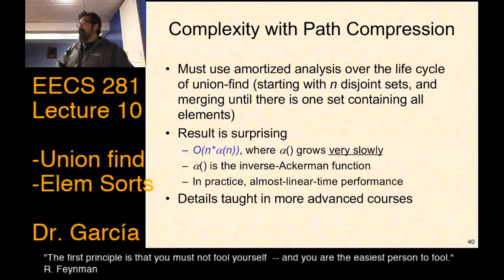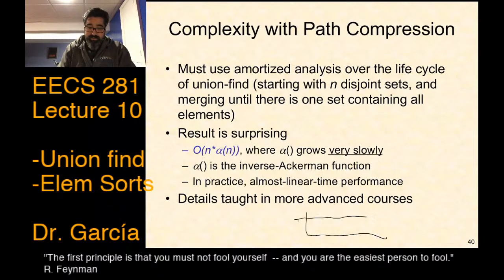Okay, and we won't go over the analysis of that, but just know that there are some rather surprising results. If you do that amortization, it means that it grows really, really slowly, right? In fact, it is bounded by the inverse Ackermann function. And I think that value is roughly around 5. So it basically means that your union find, right?